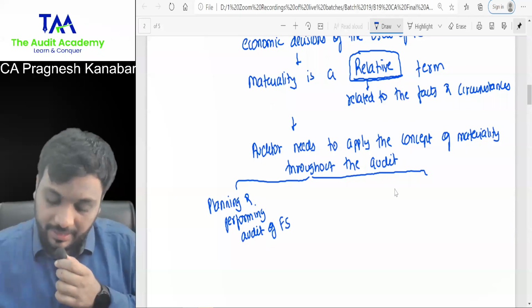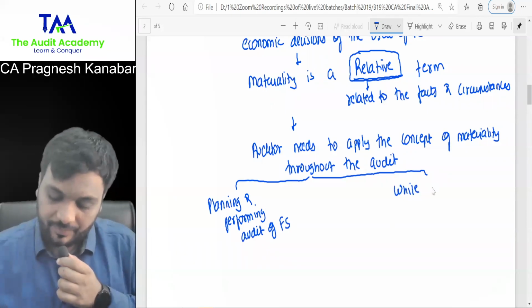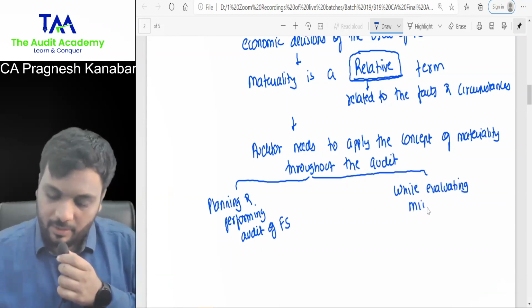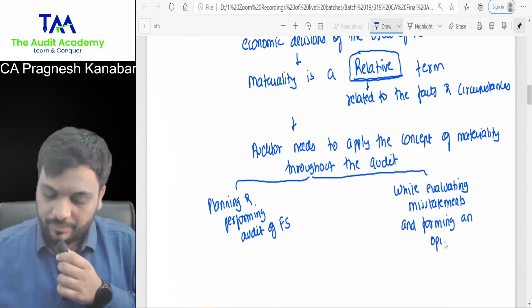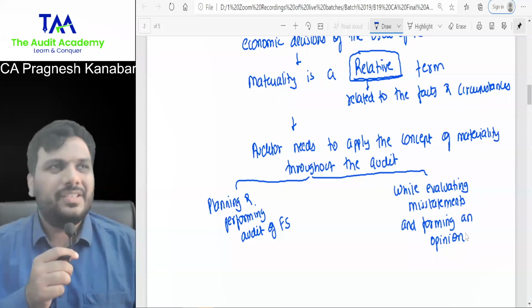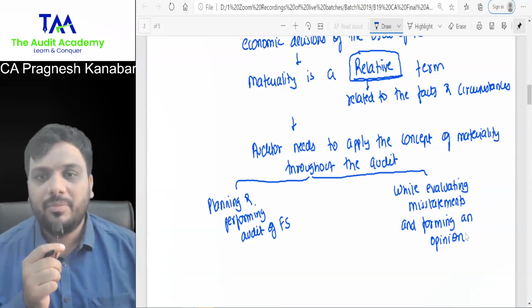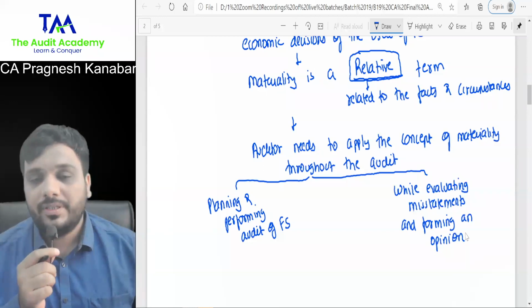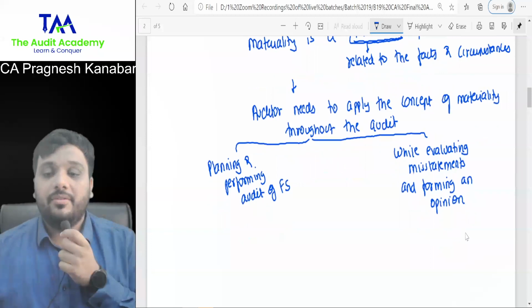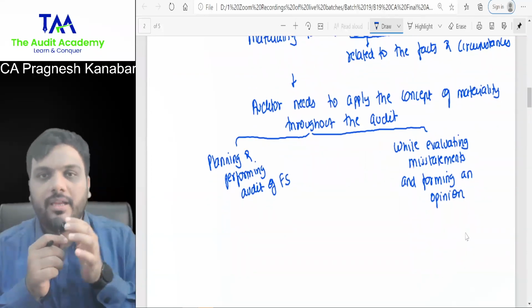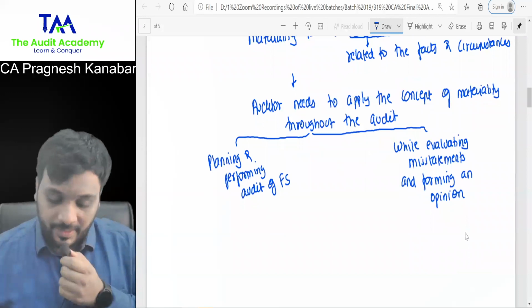An auditor will apply the concept of materiality while evaluating misstatements and forming an opinion. We can't just write simple English that materiality concept will be applied throughout the audit. We need to be more specific that while planning and performing audit of financial statements and while evaluating misstatements and forming an opinion.